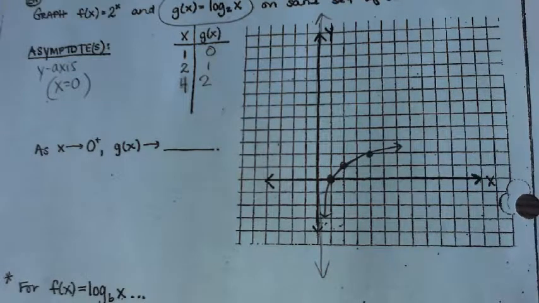Who has a different thought? Connor? Connor's saying negative infinity. Raise your hand if you agree with Connor. He has 5 people in his corner. 6. Is anybody going to ditch Marissa? I should ask that question.